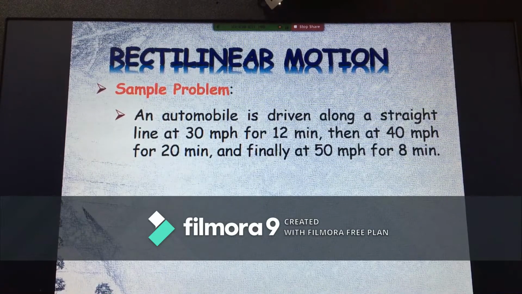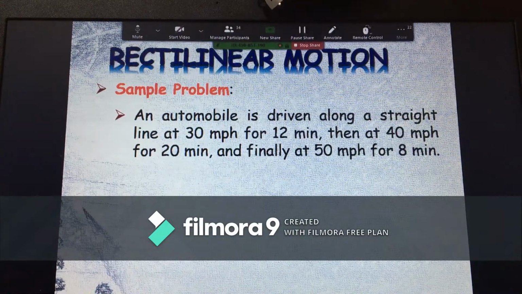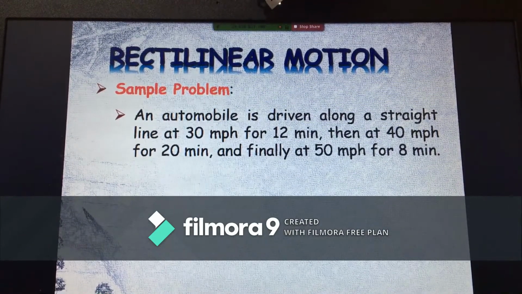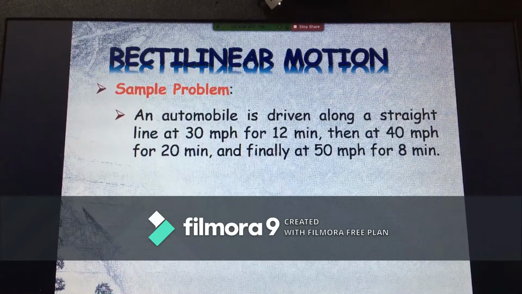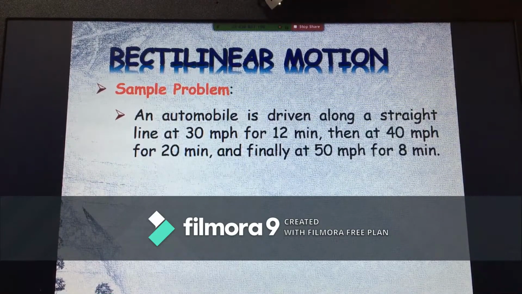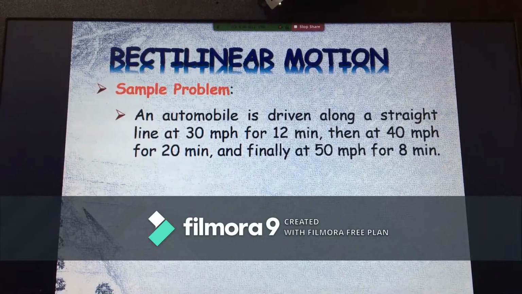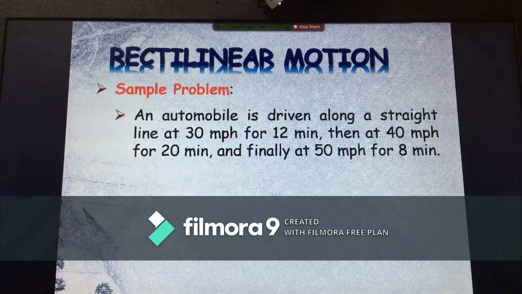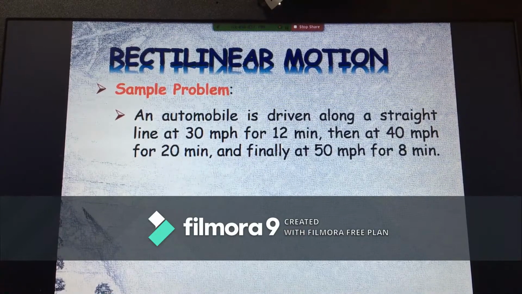We have an initial velocity of 30 miles per hour for 12 minutes, and then 40 miles per hour for 20 minutes. And finally, the next velocity is 50 miles per hour for 8 minutes.